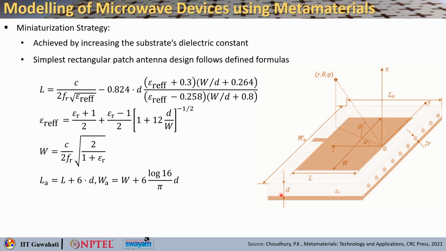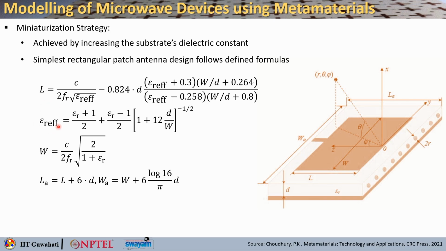So D is basically this particular thickness of the dielectric slab in between, and WA, that is the width of the antenna, given as W, that is the width of the patch, plus 6 log 16 by pi times D. So LA and WA basically give you the length and width of the antenna, right.